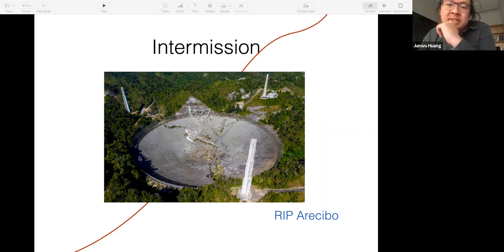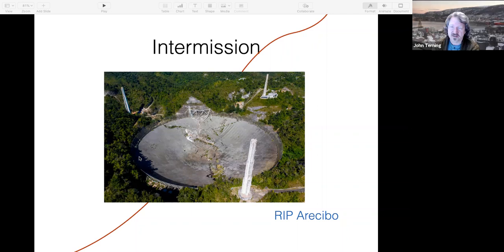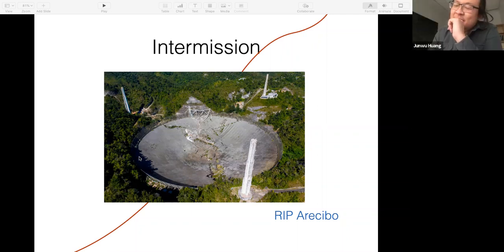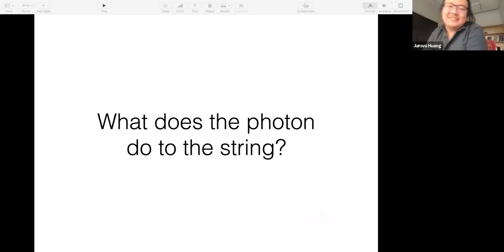Arecibo is in Puerto Rico, and it got destroyed in the hurricane, I think. Oh, okay. You discovered the binary pulsar. Yeah. It's also in a James Bond film. Radio telescope in the world. Yes, right. Anyway, the detector is no more.